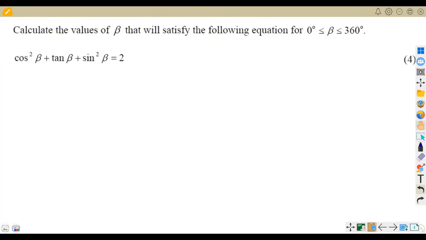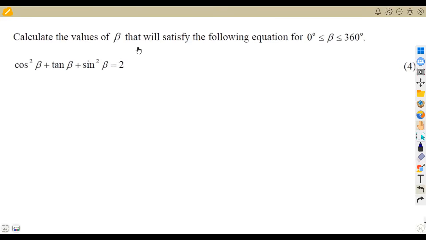We are now having another equation here given in terms of beta. Calculate the values of beta in this case that will satisfy the following equation from 0 to 360 degrees. All right, so here we are given cos squared beta plus tan beta plus sine squared beta is equal to 2. Remember, from our identities, we said cos squared x plus sine squared x is equal to 1.